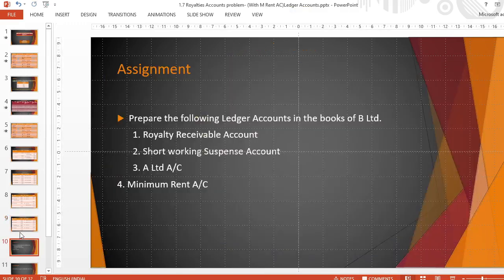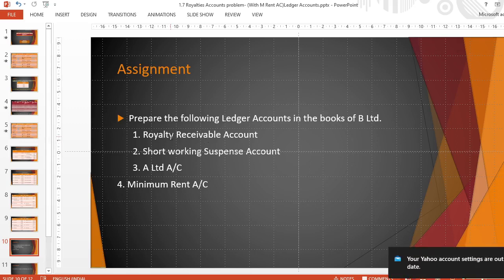We have prepared minimum rent account, royalty account, short workings account, and lessor's account. It's for your assignment to put ledger accounts in the books of the lessor. That is royalty receivable account, short working suspense account, lessee's account, and minimum rent account.